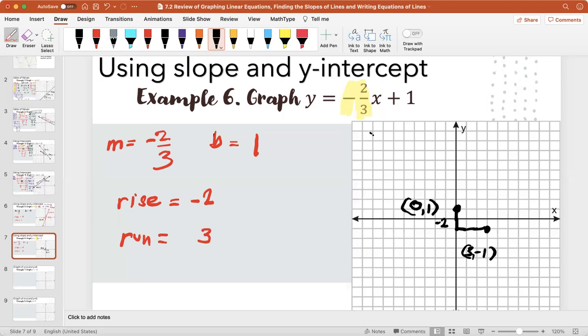Now you connect this, and so we have this graph, a straight line. And this is the graph of y equals negative 2/3 x plus 1.